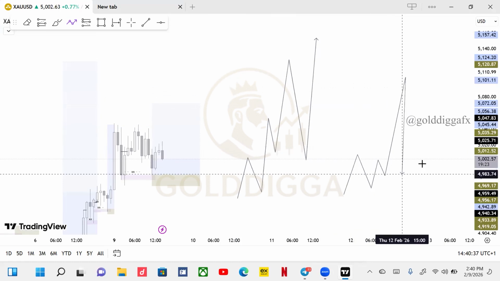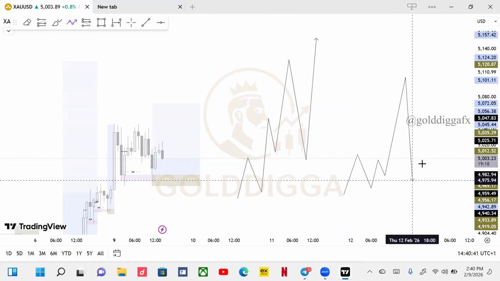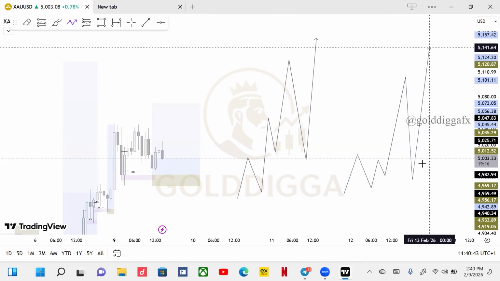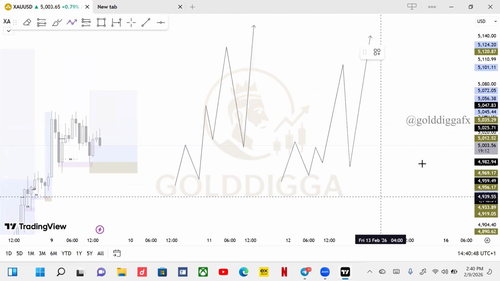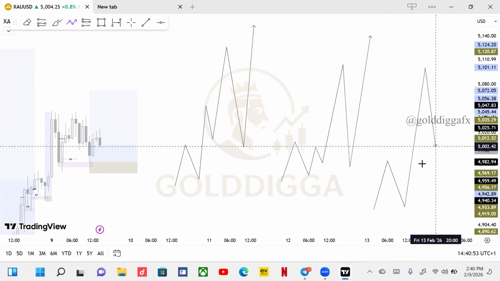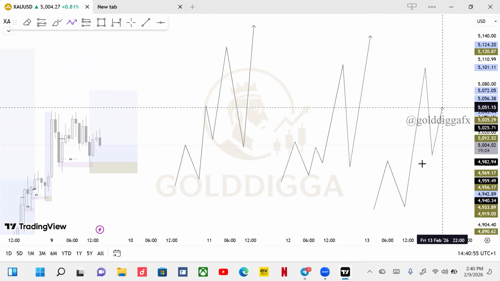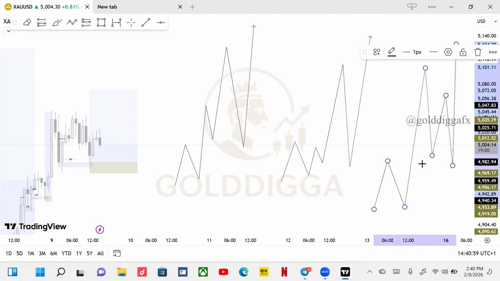Now, when it comes back, this low that was created before the break of structure becomes your liquidity. Price takes it out and what? Goes higher. The third one is where price gives you a break of structure, doesn't pull back, but then comes back like this, does something like this, comes back and goes. So these are the three entry models we use to take trades, right?